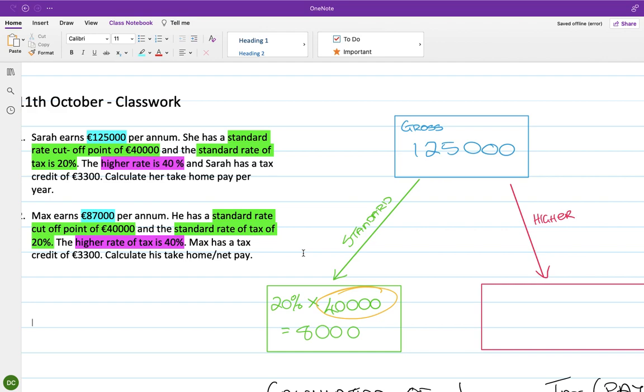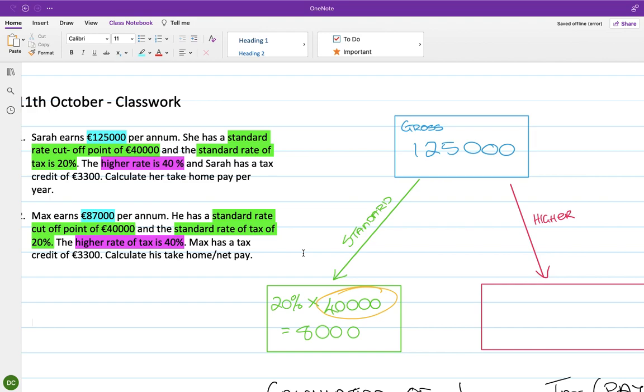The 8,000 is just a percentage of the money. So when we put them together, you're still adding the 8,000? Yeah, because we're trying to calculate tax. But when we split the money up, we took 125,000 and on one side we've made a pile that has €40,000 in it. So now we have to figure out what's left of Sarah's money to make the other pile.